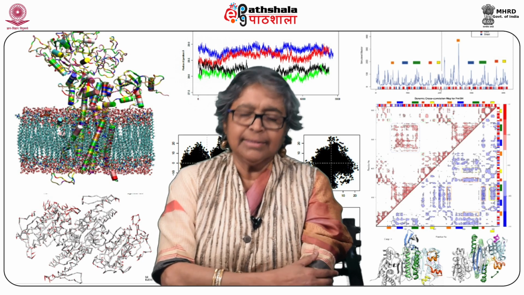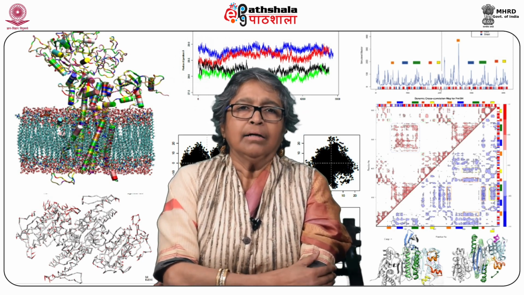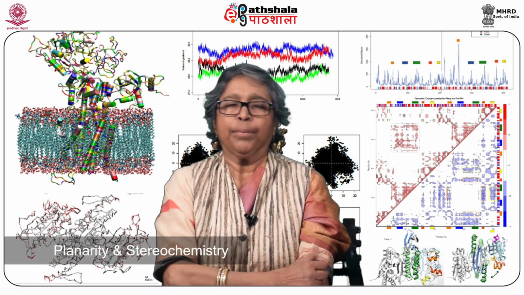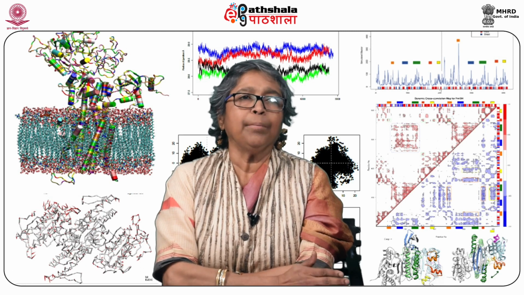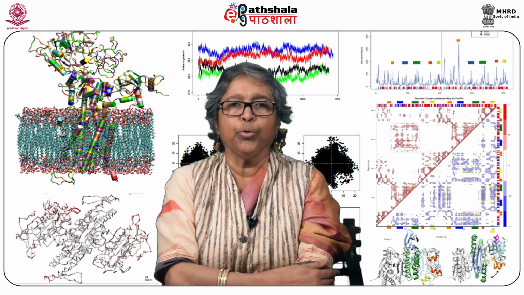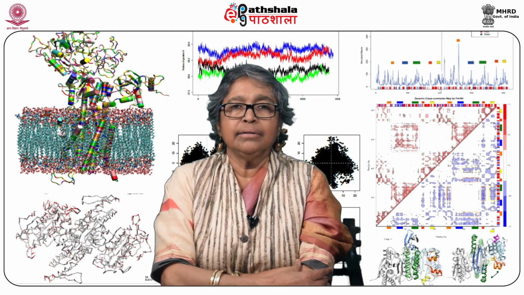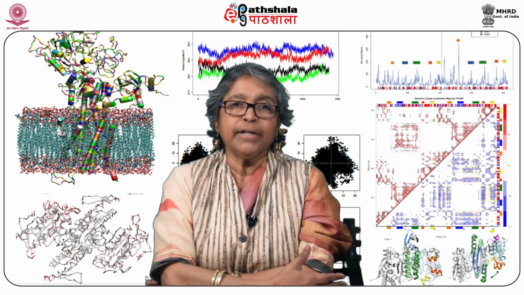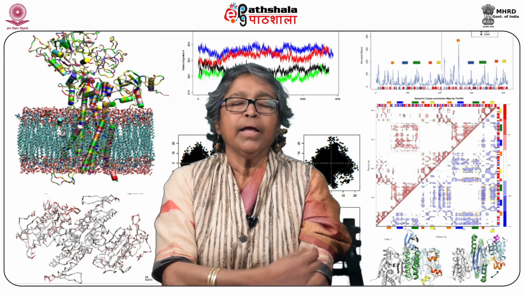There are two special cases other than what I discussed earlier, and they are planarity and stereochemistry of the molecule. This is because all the amino acids in proteins are stereochemically L, and there is different stereochemistry also for sugars in DNA.